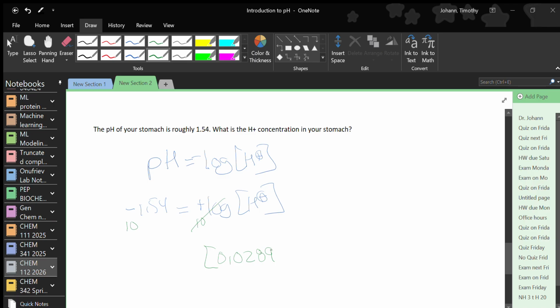I'll correct it for sig figs in a second, is equal to my H plus concentration in my stomach. Okay? So that's molar because I've got brackets around it. Let's just make it molar like this. And then my original problem had 2 significant figures based on the log, but if you called it 3, it's fine. So I would actually take this down and go 0.029 molar. Okay? For you significant figure junkies.